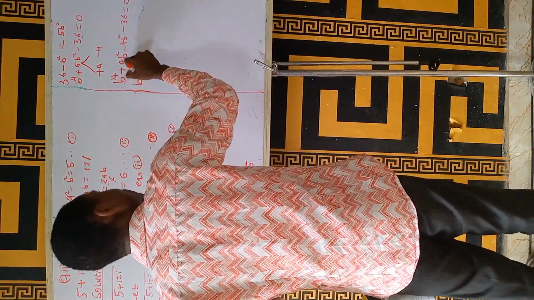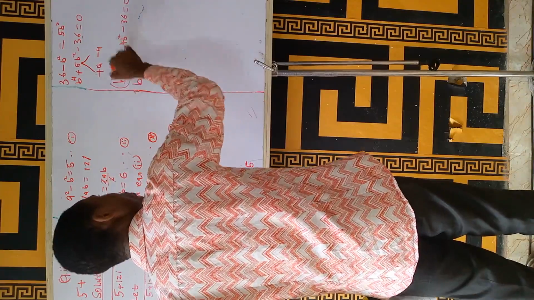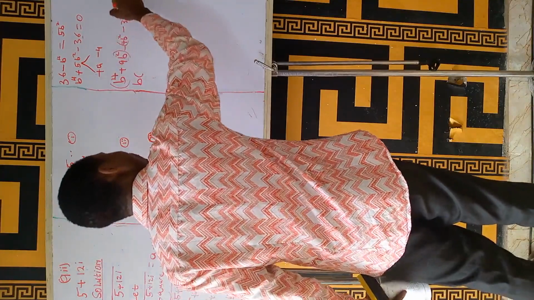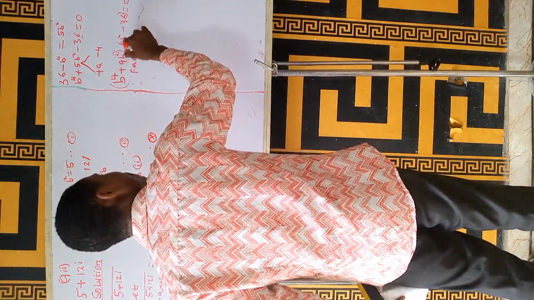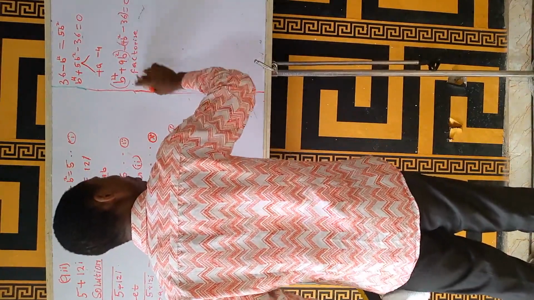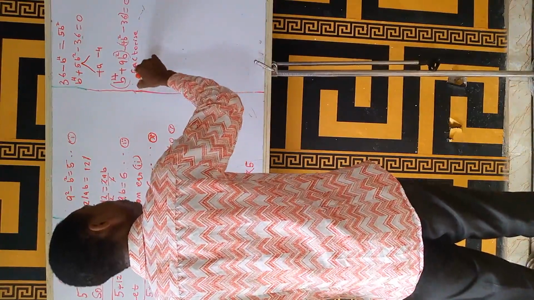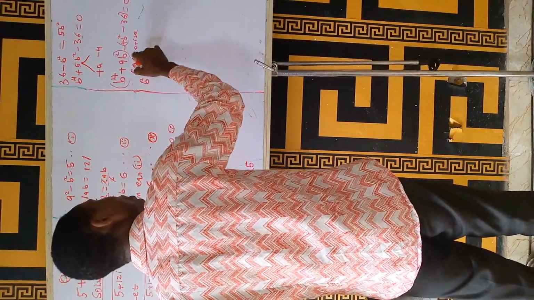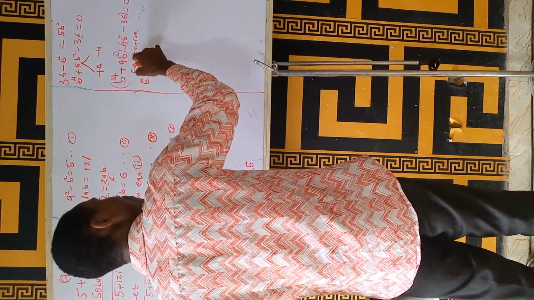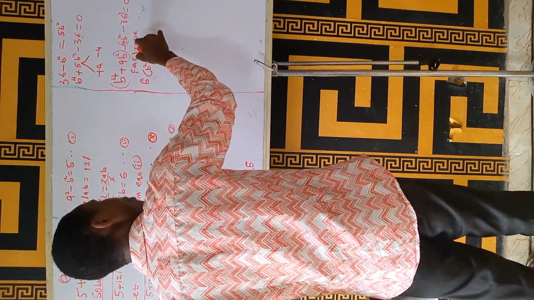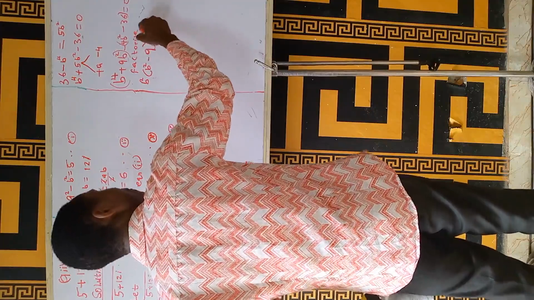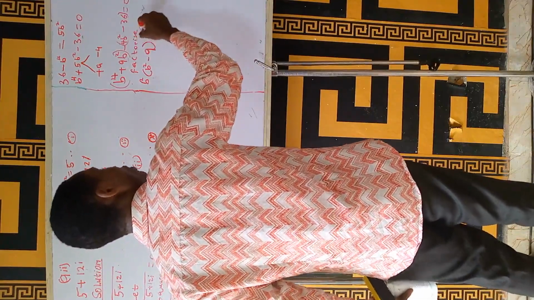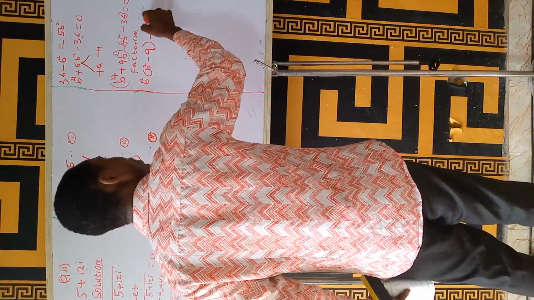And b squared is common here. I will factorize. You are looking for factors. You can bring out the b squared and you have b squared plus 9. Then 4 is common, we can bring out 4 here.